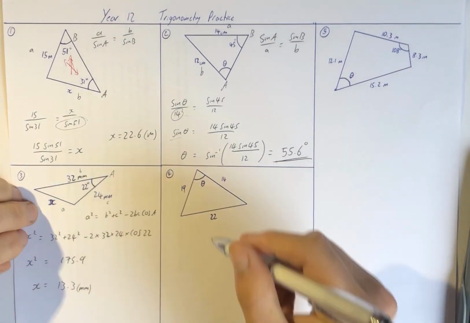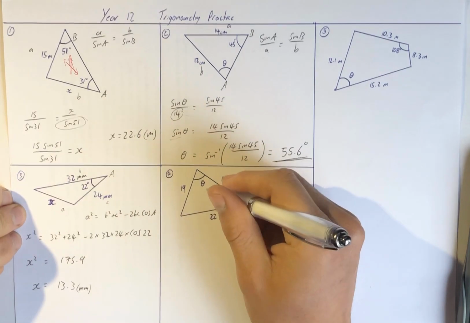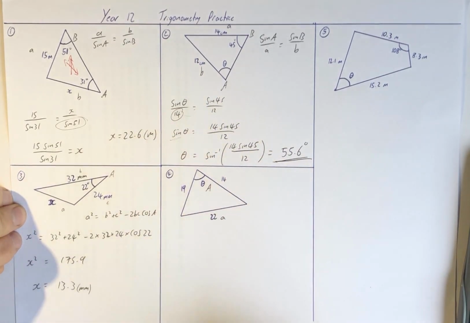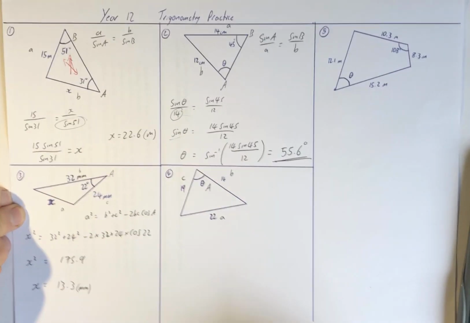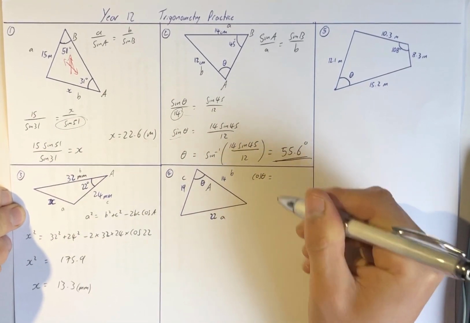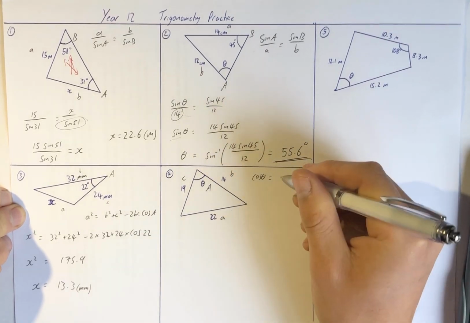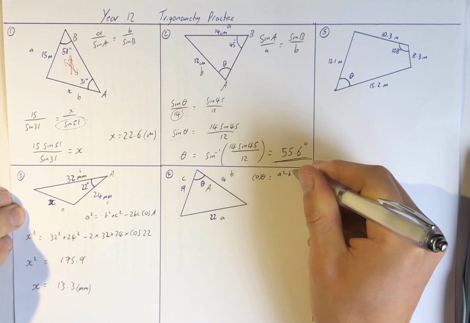Okay, this is sometimes the challenging one. We're finding an angle. So if this is angle A, that's side A. And then it doesn't matter what way we label those, they're b and c. So if we're finding cosine theta, that's going to be a squared minus b squared.